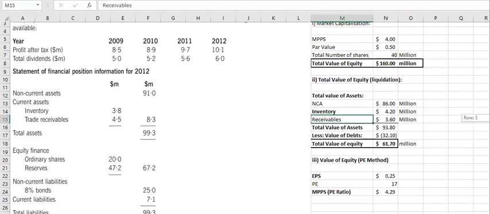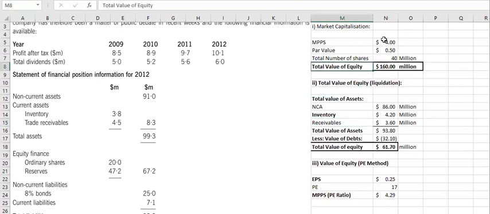In the first part, where we use the actual market price, this is the practical market price of the company. This is what is actually prevailing in the market. But these values are the ones that we have calculated using a formula or any theoretical approach. So that's why these will be the theoretical values of the company. So 4.29 is the theoretical market price of the company predicted by the PE ratio.